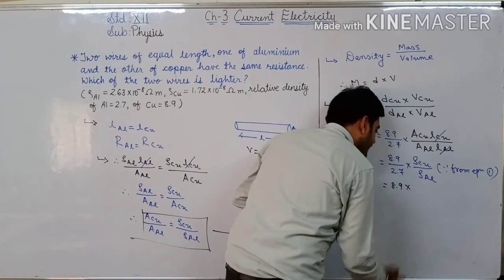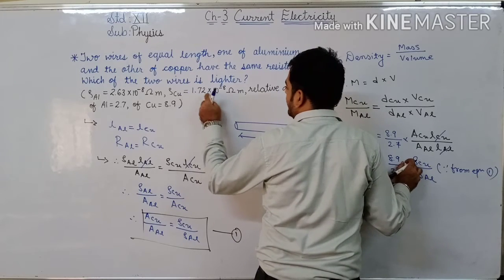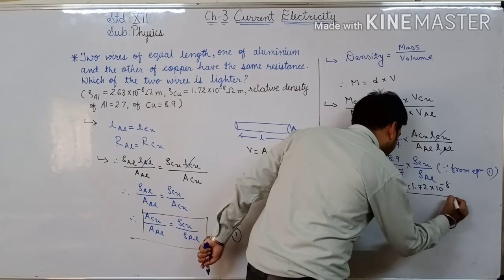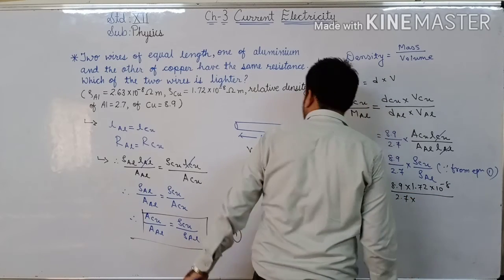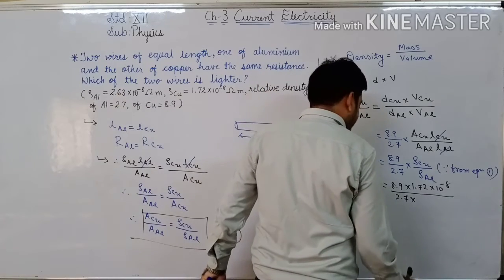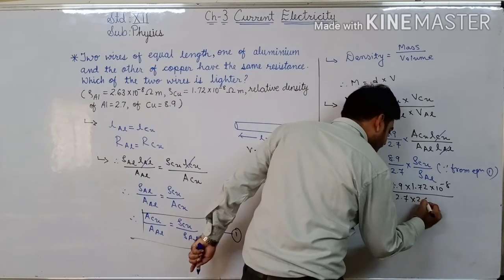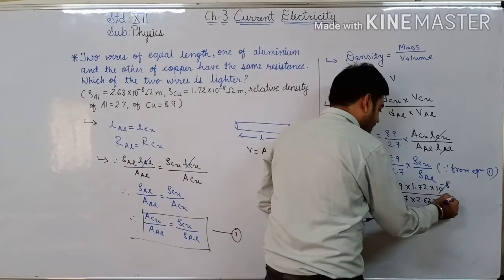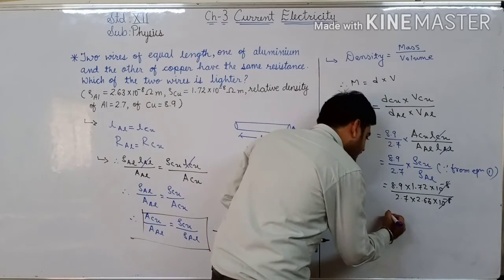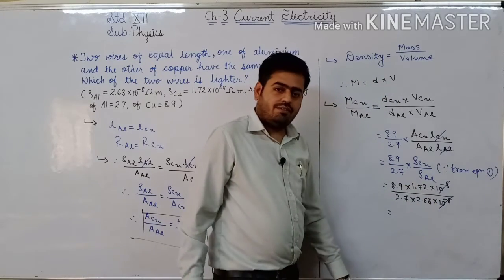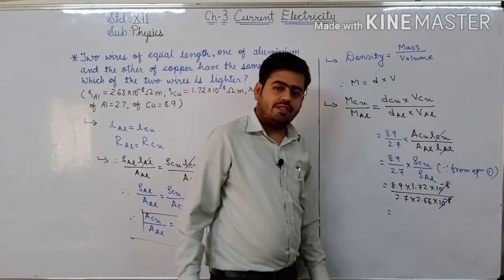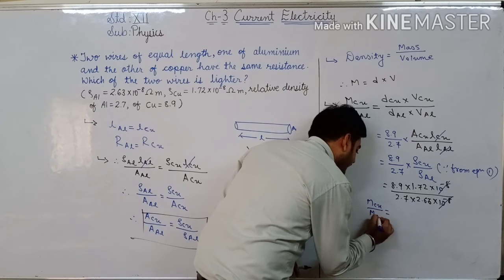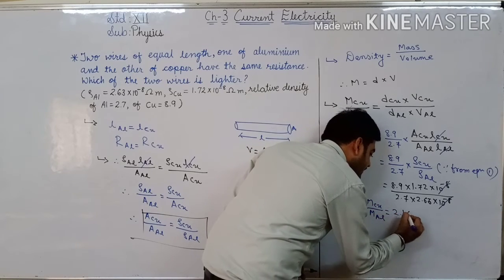8.9 into resistivity of copper wire, 1.72 into 10^-8, upon 2.7 into resistivity of aluminum wire, that is 2.63 into 10^-8 ohm meter. 10^-8 will get cancelled. 8.9 into 1.72 upon 2.7 into 2.63, that is nothing but mass of copper upon mass of aluminum, that is 2.16.